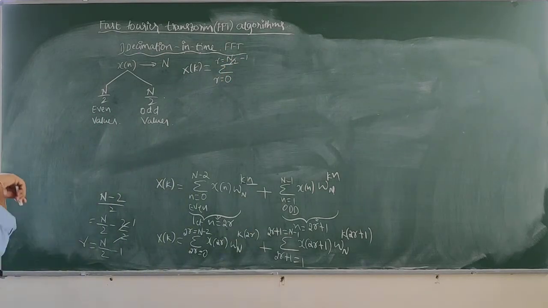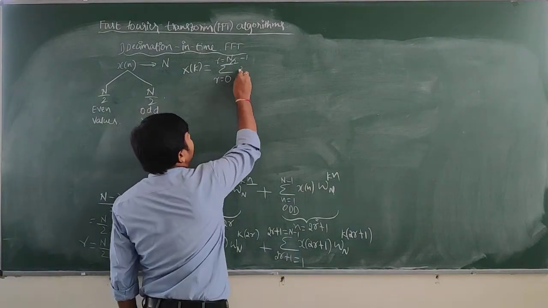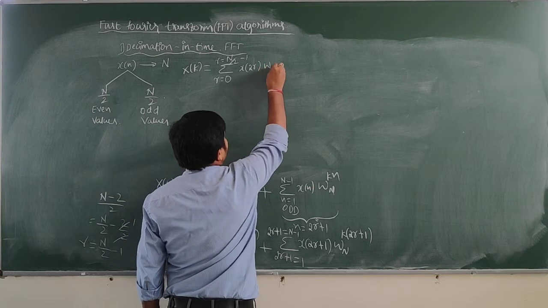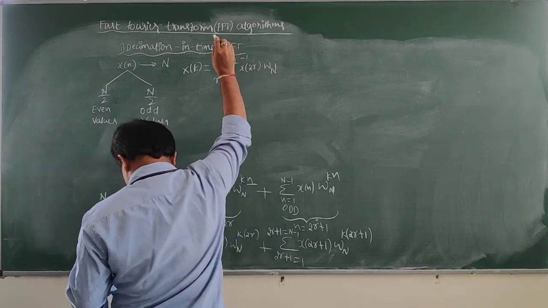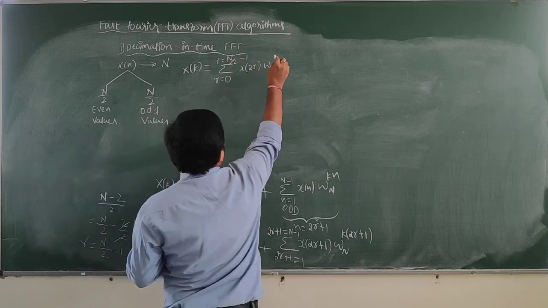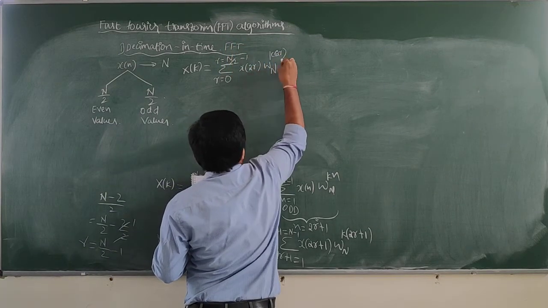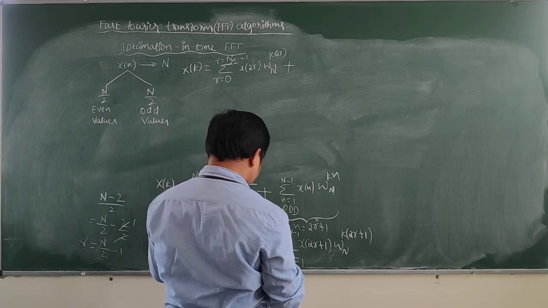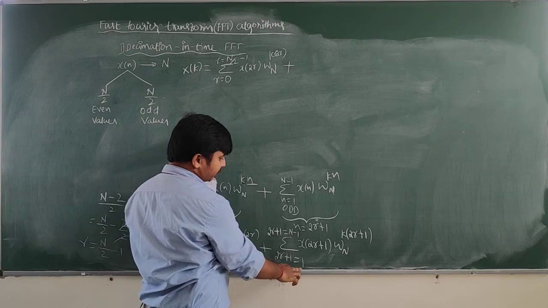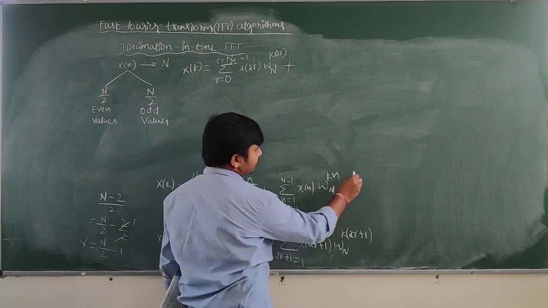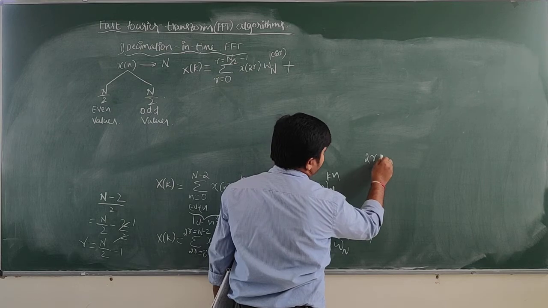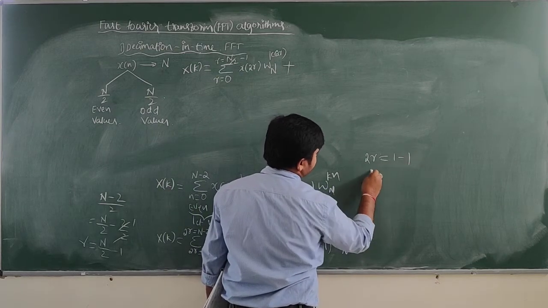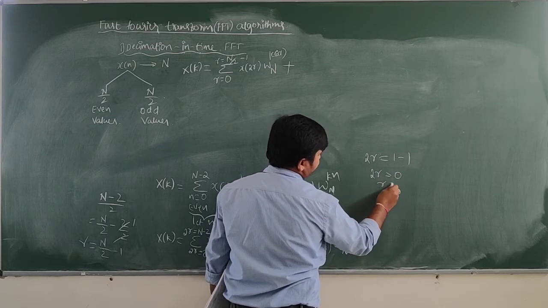Into x of 2r into Wn power k into 2r plus, so summation, so here 2r plus 1 is equal to 1 is there. Keep 2r in the LHS and send that 1 to the RHS, 1 minus 1, therefore 2r is equal to 0, therefore r is equal to 0.